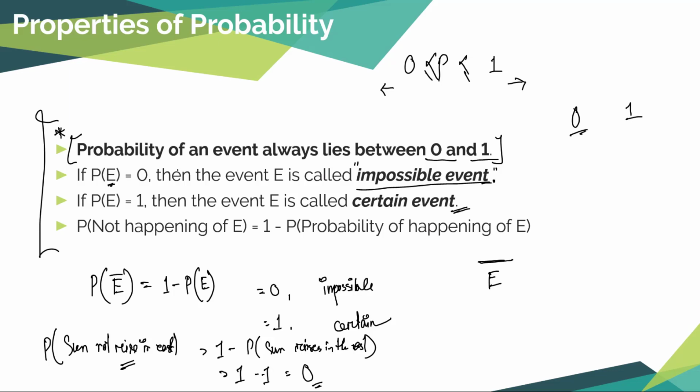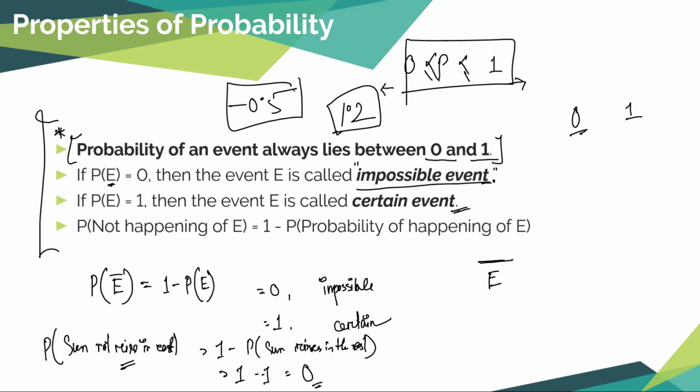If your calculation gives you a value outside this range, like minus 0.5 or 1.2, this indicates there must be a mistake in your calculation, since you are getting something absurd. Any value outside the range of 0 and 1 is an error on your end in calculating probability.